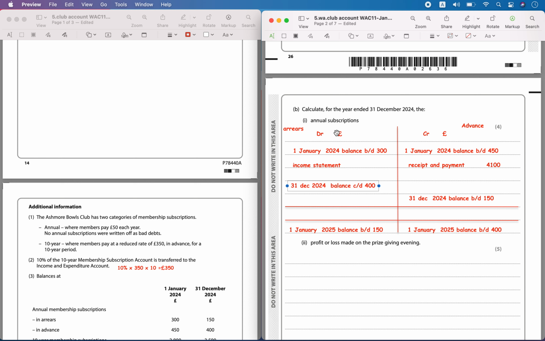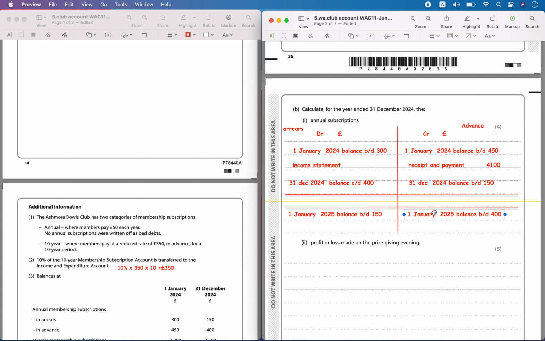So when we add up here 450 plus 4100 plus 150, the value is 4700.